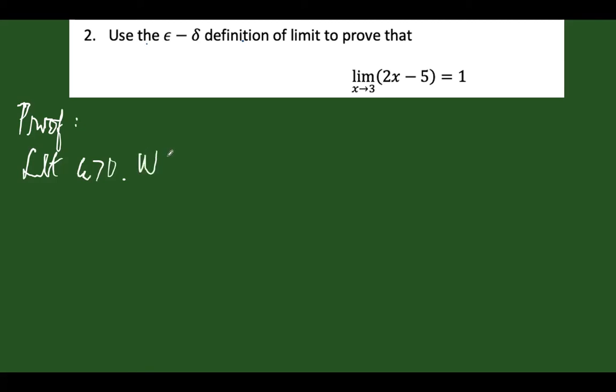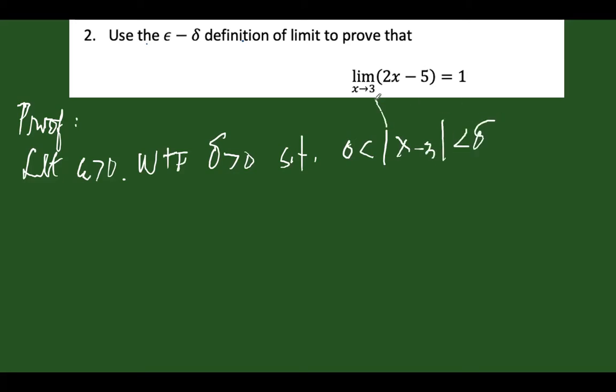And we want to find delta greater than 0 such that if 0 is less than the absolute value of x minus 3 is less than delta, then by definition we know that the absolute value of 2x minus 5 minus the limit, which is 1, is less than epsilon.